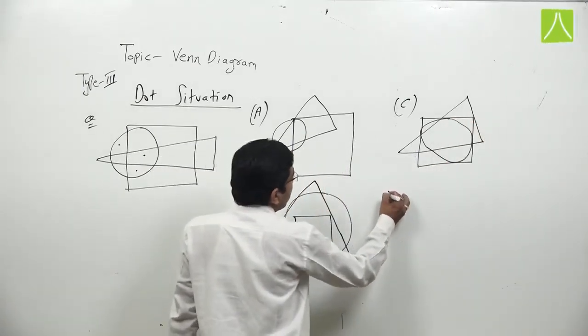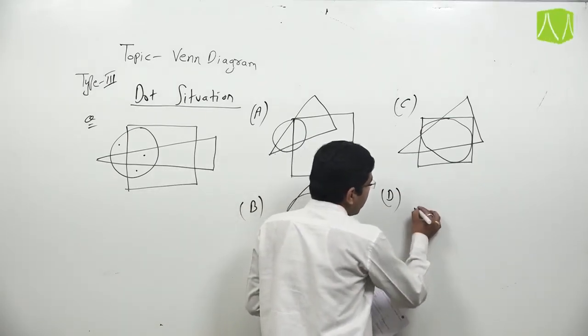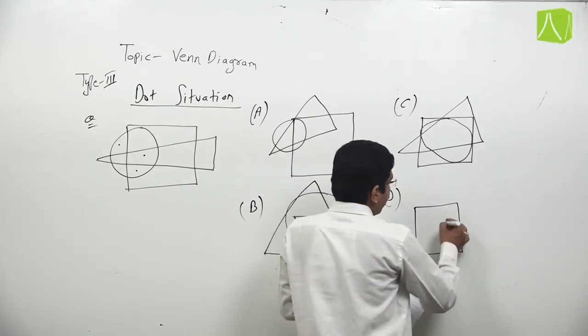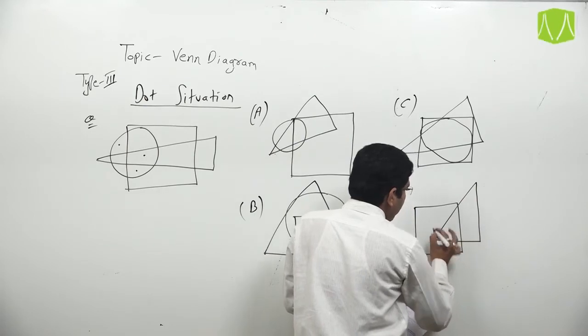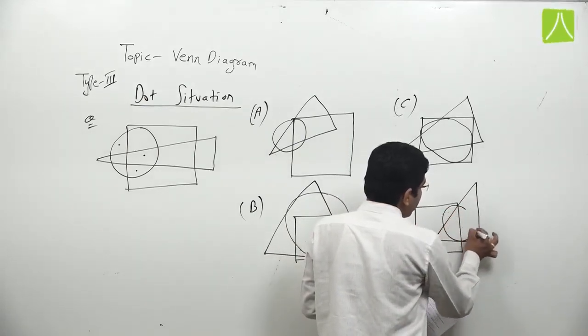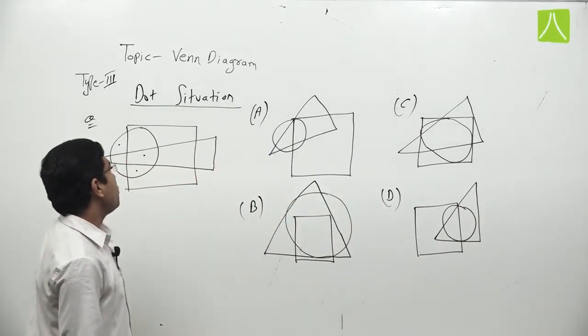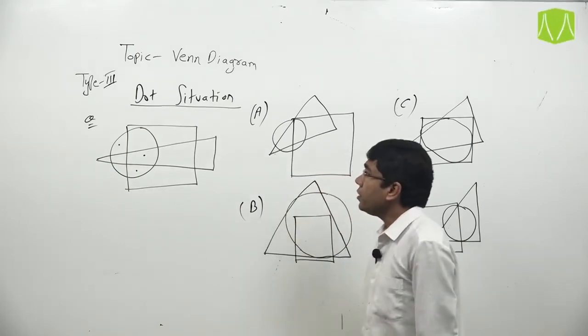And in option D the condition is here a square and then here a triangle, and our circle is represented like this. So we have to find the option in which we can easily denote all the three circles.